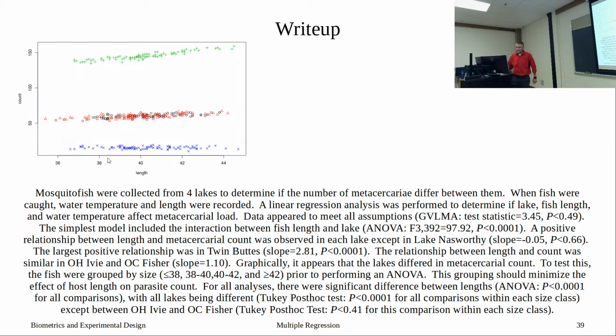All right, so I just kind of stepped through everything. Note the slopes. So this is where we kind of explain our relationship. We have significant terms, significant variables. Oftentimes it's good to mention what that slope is, either written out like this, or you can verbalize it, where the relationship is positive, where 1 unit increase in length results in an increase of 2.81, P minimum and so forth.